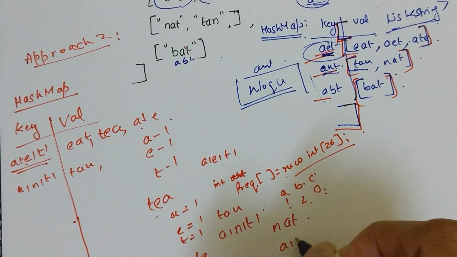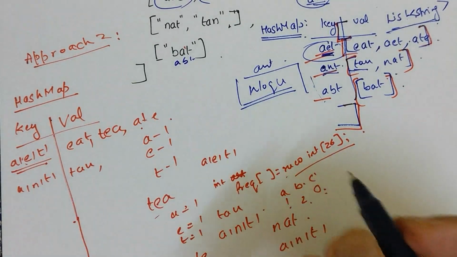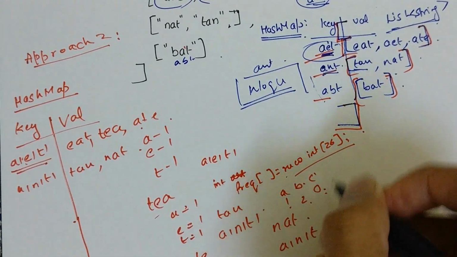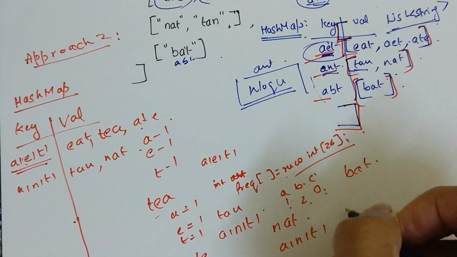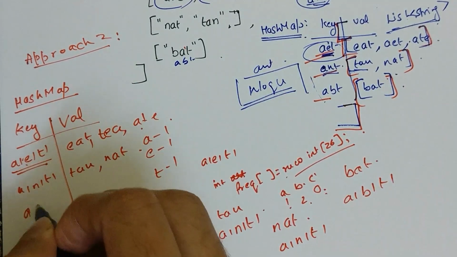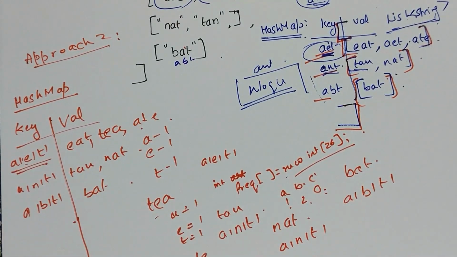This will be A1, N1 and T1. This is already present, so nat comes here. And the last one is bat. This will be A1, B1 and T1. This is not there, so bat.